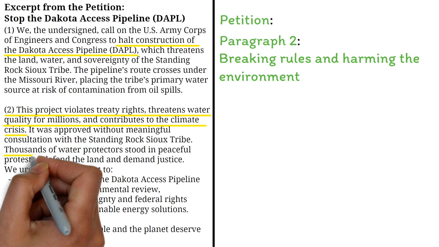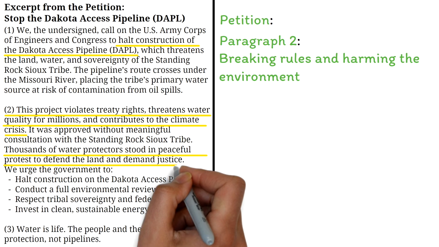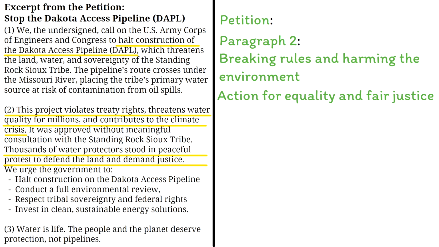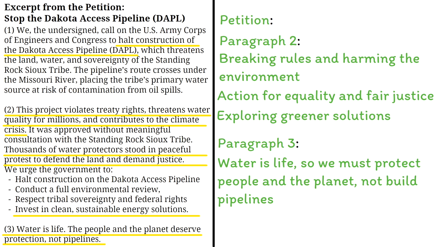How thousands of water protectors stood in peaceful protest to defend the land and demand justice. And the demand to invest in clean, sustainable energy solutions. Subsequently, in paragraph 3, water is life, and the people and the planet deserve protection, not pipelines. These areas are the main arguments the petition makes that align with the meaning of the phrase, land over oil.